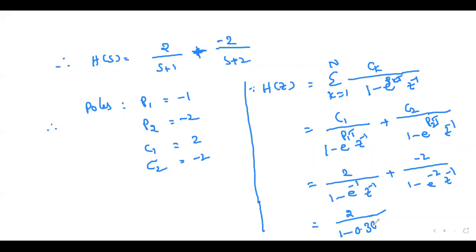So 0.3678. Very good. z power minus 1. Then plus minus 2 by 1 minus e power minus 2 value, 0.1353, z power minus 1.